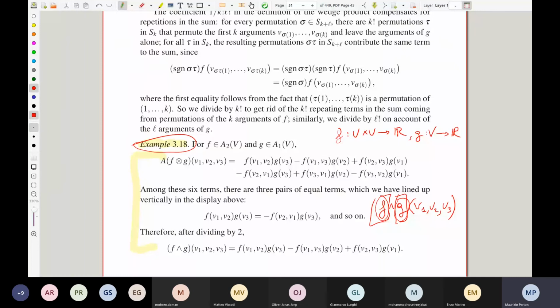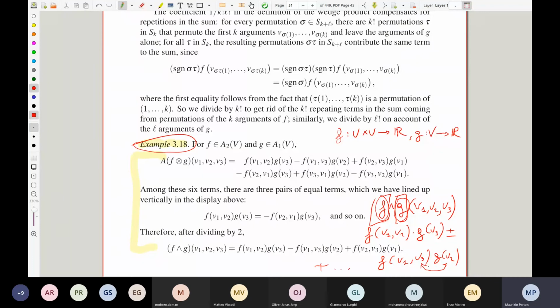This acts on 2 vectors, this acts on 1 vector. You have just to alternate every vector here. So you will take F of (v1, v2) times G of v3, plus or minus, we will decide, F of (v1, v3) times G of v2. What do you think? The sign here is plus or minus? It's minus because I just switched two of them, and so on.